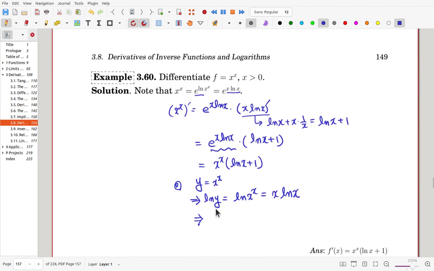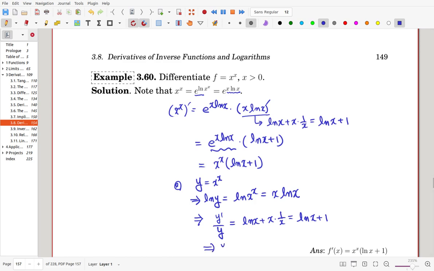Now there is y as a function of x, so the derivative with respect to x will give y prime over y. And on the right side, the derivative of x logarithm x by using the product rule is logarithm x plus x times 1 over x, so that is natural logarithm x plus 1.